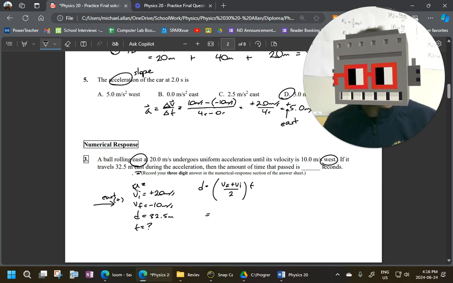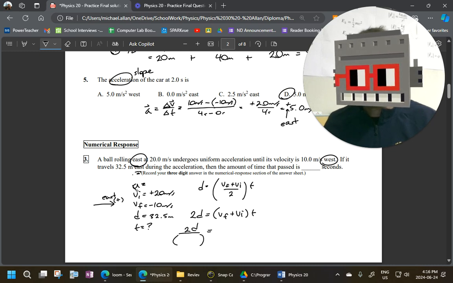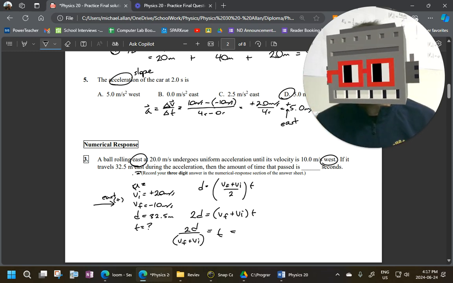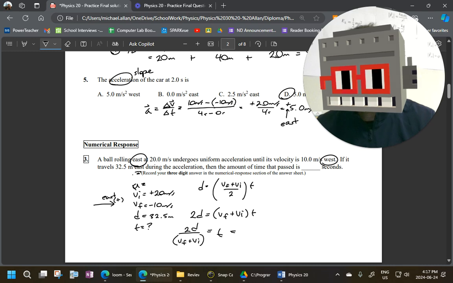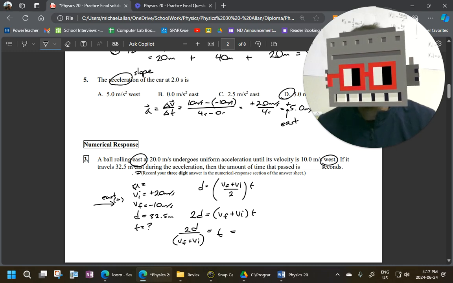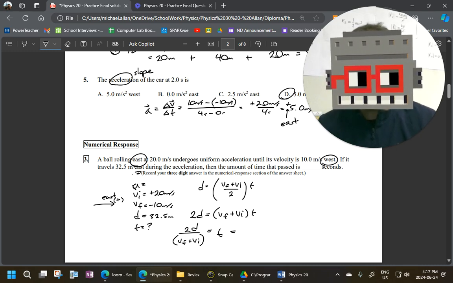I can just times the 2 up to the other side so that I have this instead, and then divide over that larger set of brackets there. Lots of different ways to do it, but it's up to you. You can get the same answer if you just put the numbers in first and then rearrange it.